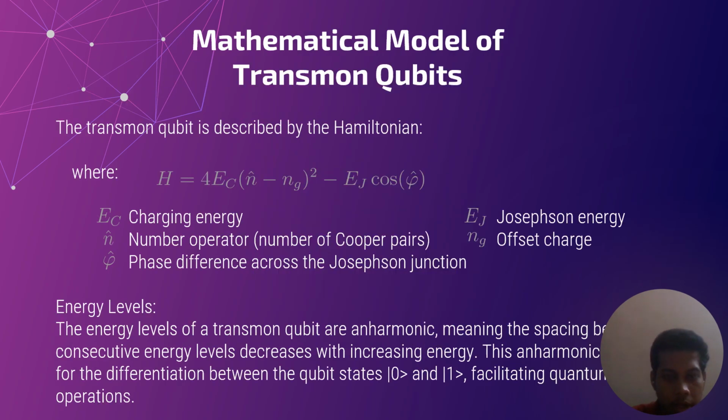So here's the mathematical modeling of Transmon qubits. The behavior of the Transmon qubit can be described by this Hamiltonian, H equals 4 times E_C times (n cap minus n_g) squared, minus E_J cosine phi, where E_C is the charging energy, E_J is the Josephson energy, n cap is the number operator representing the number of Cooper pairs, n_g is the offset charge, and phi cap is the phase difference across the Josephson junction.